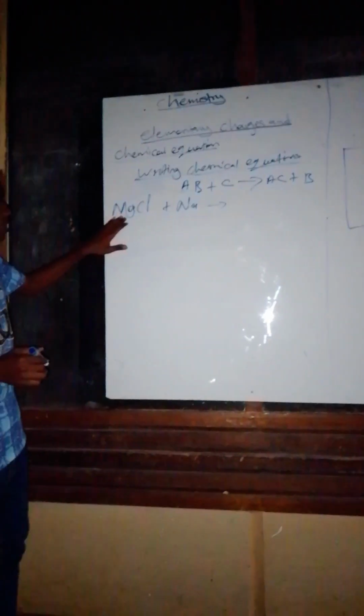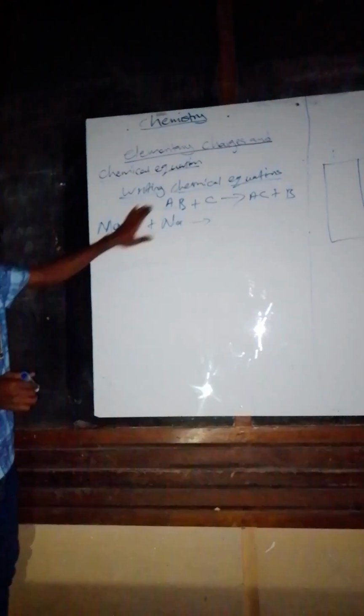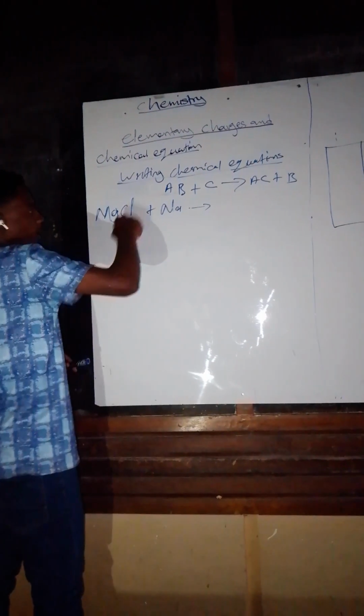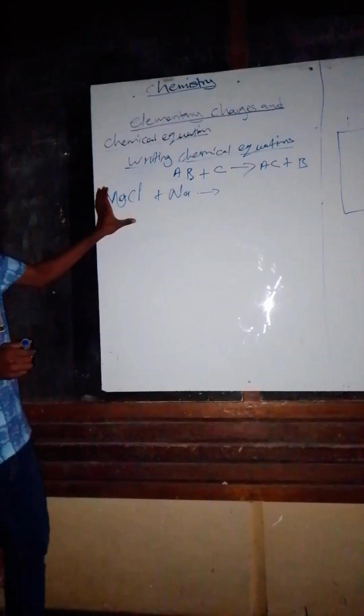Okay. In this case, magnesium chloride is the AB there, plus C, sodium. Then this C must take A. Now here you can even rearrange it when you write it.